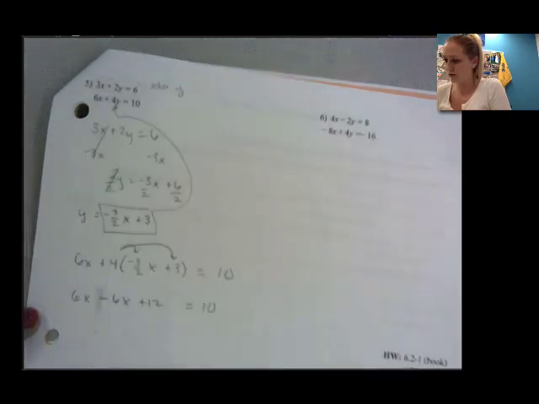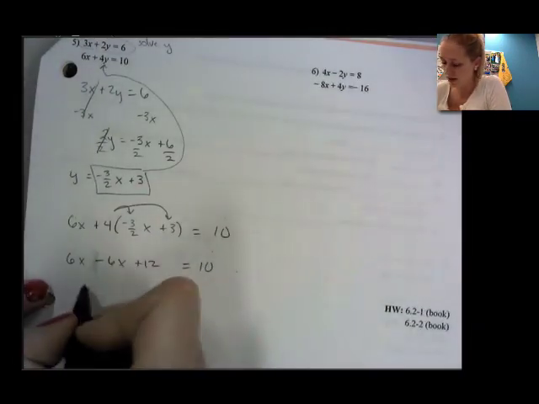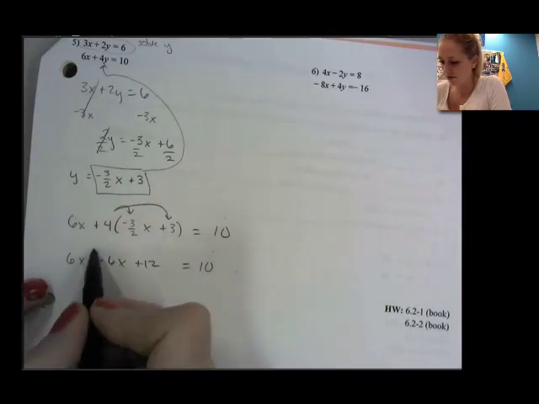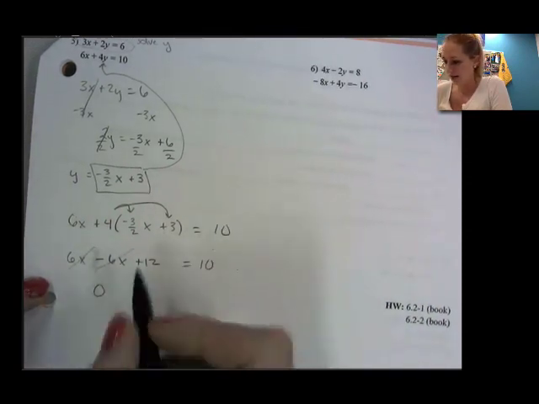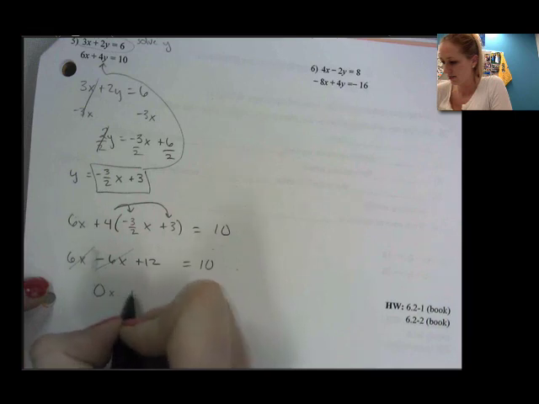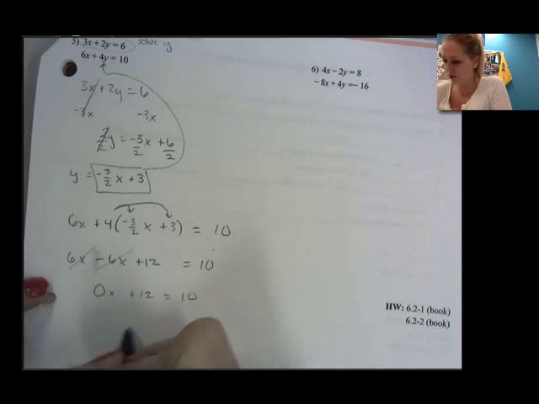All right, so we are getting 0, because notice I have 6x minus 6x, so that's going to disappear. 0x plus 12 equals 10, or 12 equals 10.